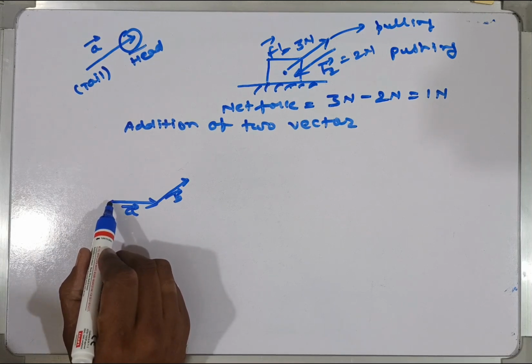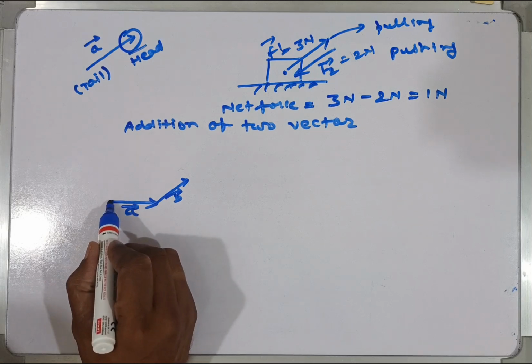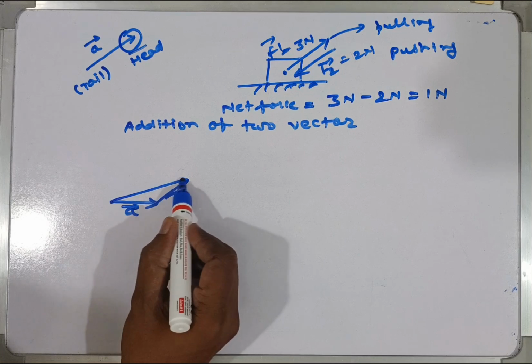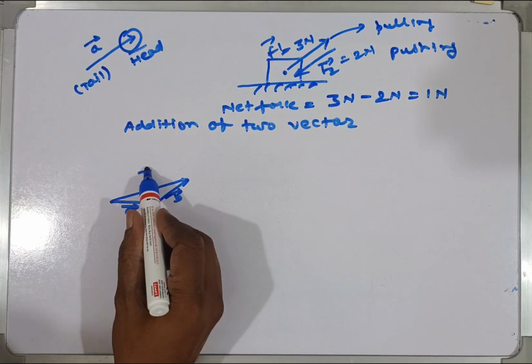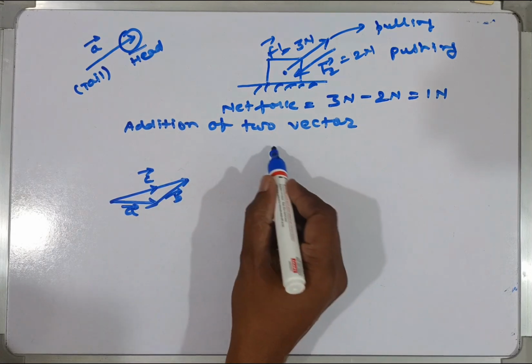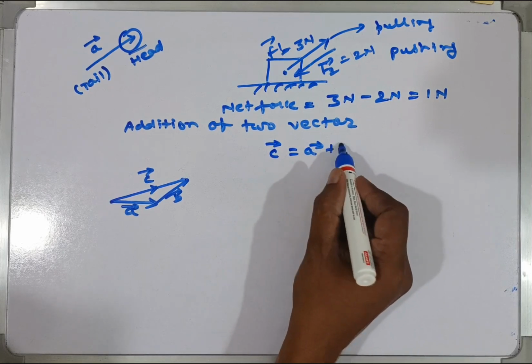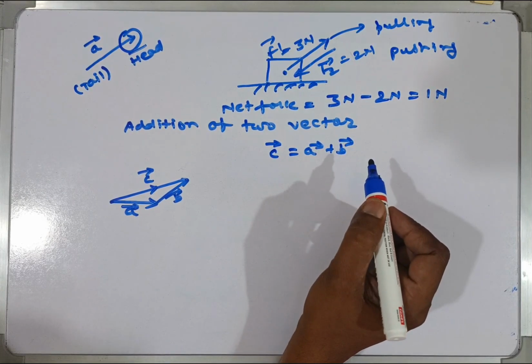So the net resultant of these vectors is: first one's tail and second one's head. So this one is the C vector, the resultant vector. So we can say C vector equals A vector plus B vector.